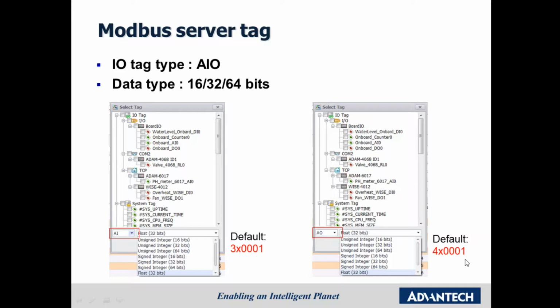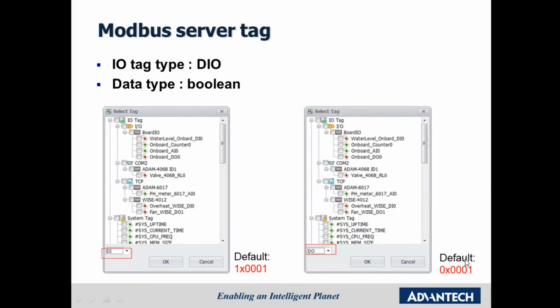Okay, you can change it to your request address. And also, in the DIO tag type, user can set the DI has the default type address is 1x0001 and DO is 0x0001.